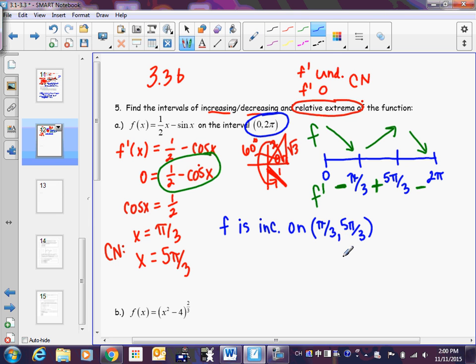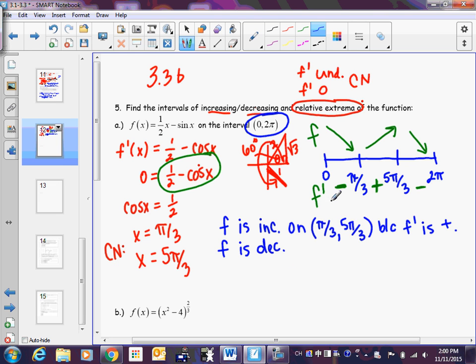And remember, we want to put parentheses there. And then what was our justification? Because f prime is positive. Once you get that sign chart, writing your answers should be the easy part.